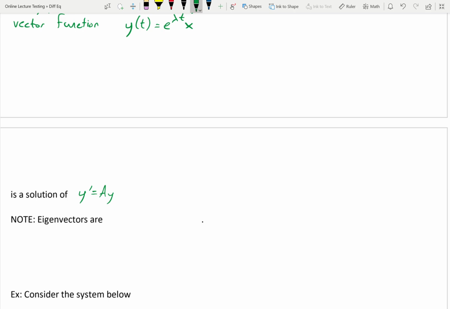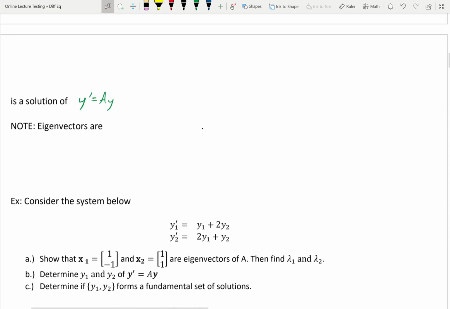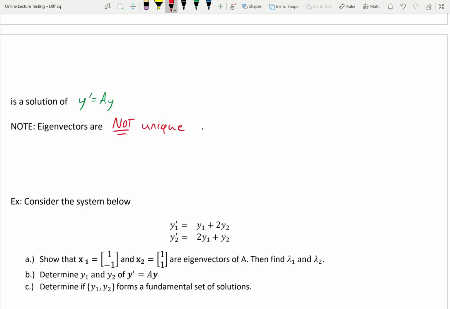All right. So one important note here is that eigenvectors are not, and I'm going to emphasize that, unique. What that means is if (λ, x) is an eigenpair for A, then so is (λ, ax), where a is some non-zero constant.